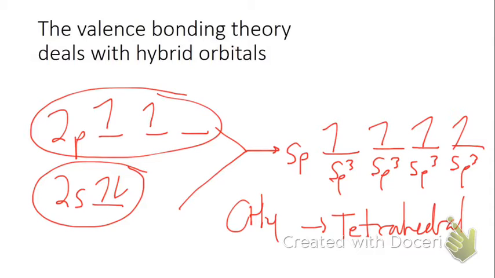So you will also need to know these. Same thing with electron geometries and the bond angles. You need to know which hybrid orbitals line up with which electron geometries.